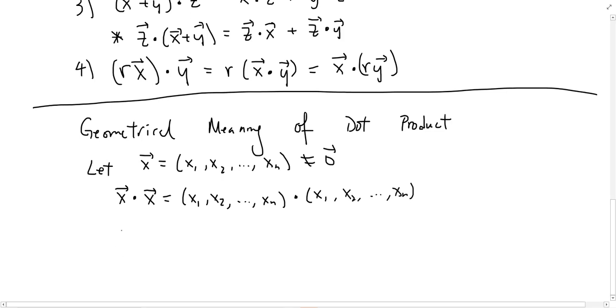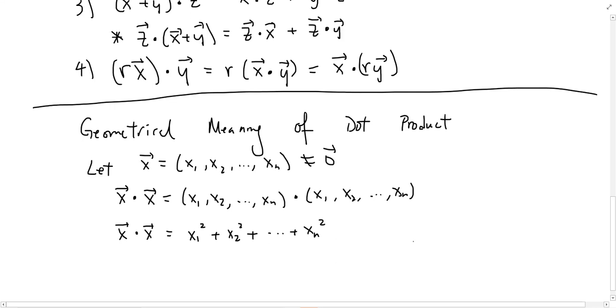When I do that, I find that x dot x is equal to x1 times x1, so x1 squared, plus x2 times x2, which is x2 squared, plus dot dot dot, plus xn times xn, which is xn squared.